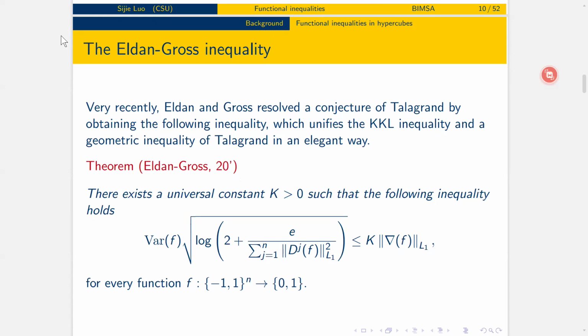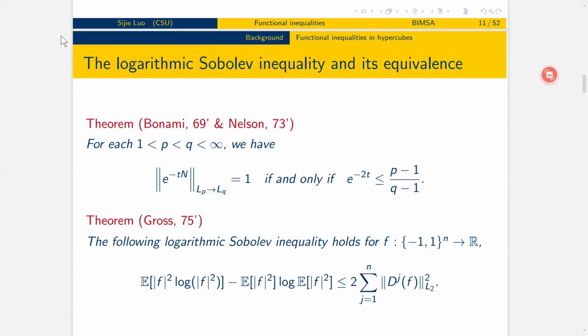Now we turn to the log-Sobolev inequalities. The first log-Sobolev inequality and its equivalent form, named hypercontractivity, was proved by Bonami and Nelson in the 60s and 70s.